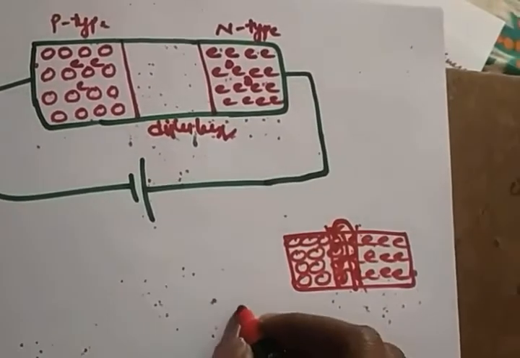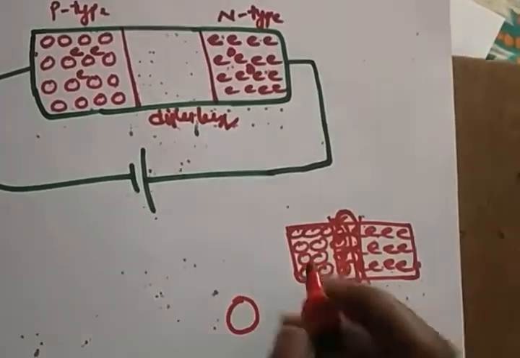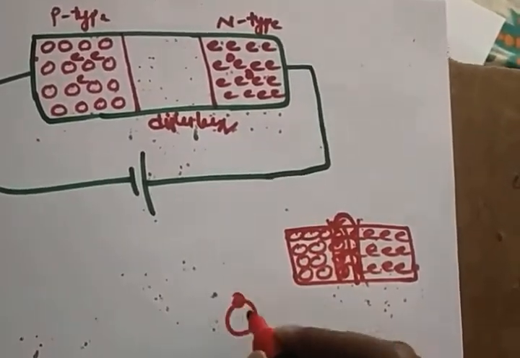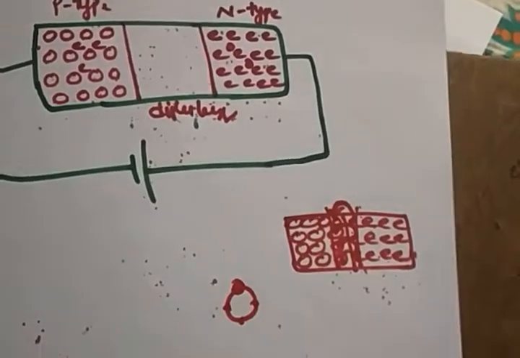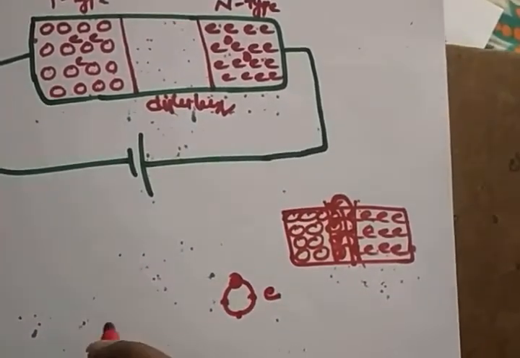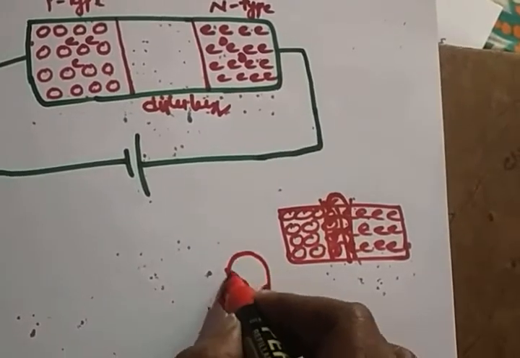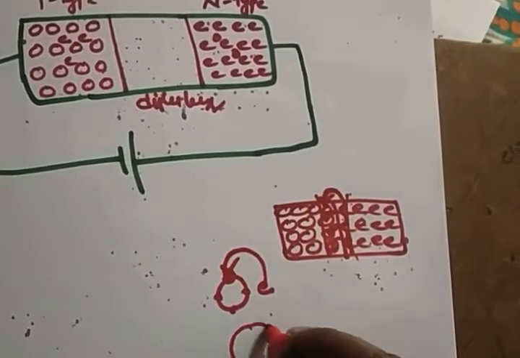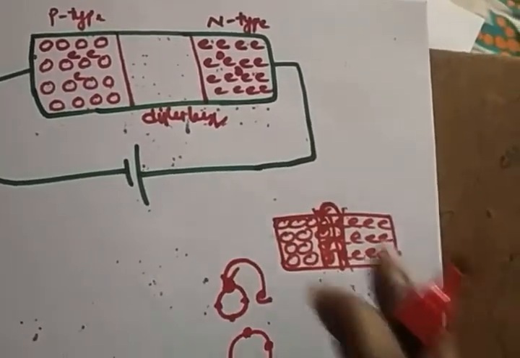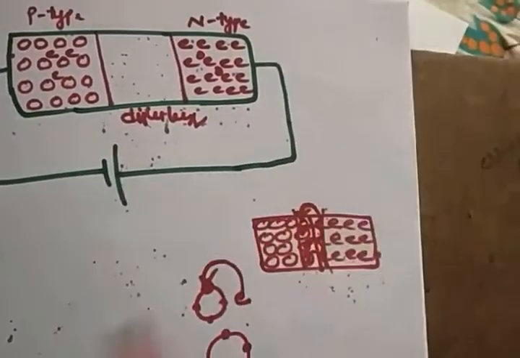Suppose it is a silicon atom. Before joining, you have a hole here and electrons. In the N-type you have electrons. When an electron fills the hole, it makes a neutral atom, that means the outermost 4 electrons are filled. That means it doesn't have any free electrons to move. There is no current.